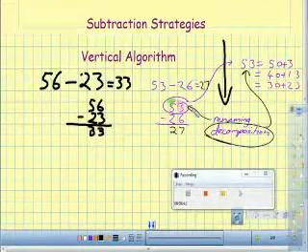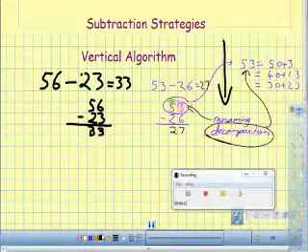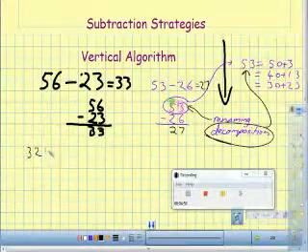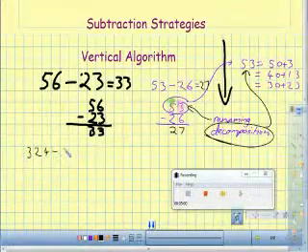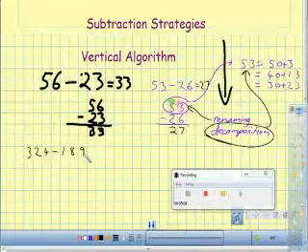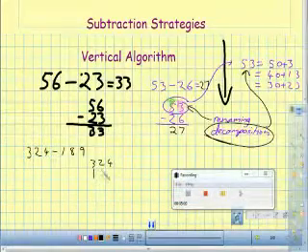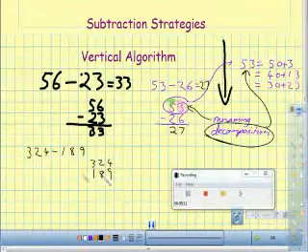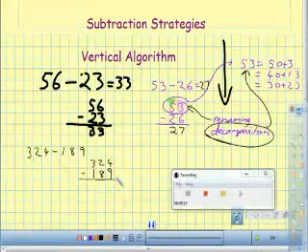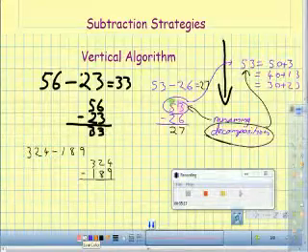I'll do a slightly bigger number. Okay, so let's say I've got the problem 324, and I've got a minus 189. Okay, so let's put them in our vertical stack. 324, 189, minus. Okay, the first thing I know is that 4 cannot take away 9.